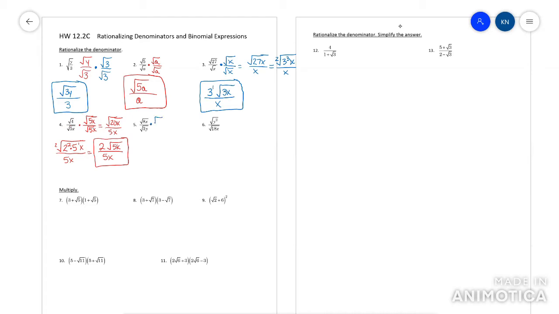Okay, the next one. Hit it with a root 3y to rationalize the denominator. So you're going to end up with root 24xy over 3y. Okay, now root 24, you need to realize if you break that down, it's the square root of 2 cubed times 3 to the 1.